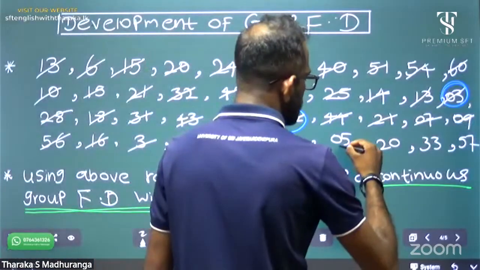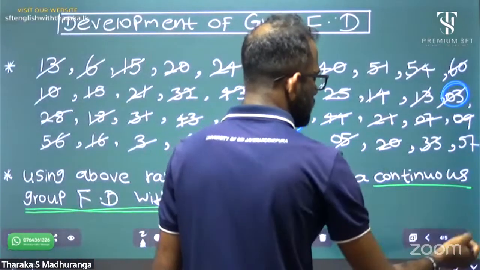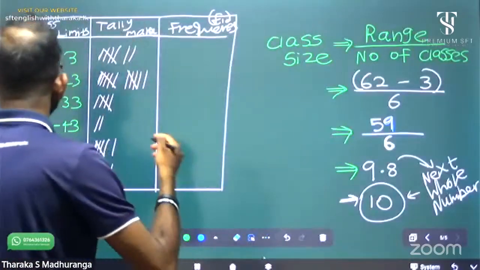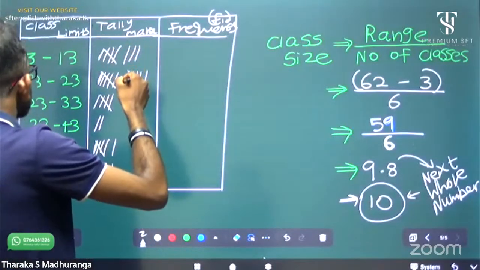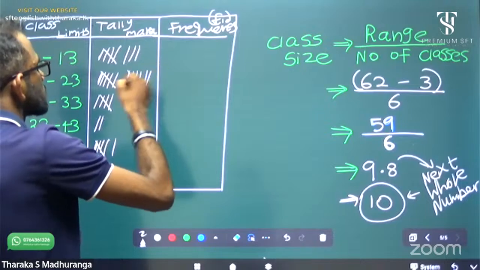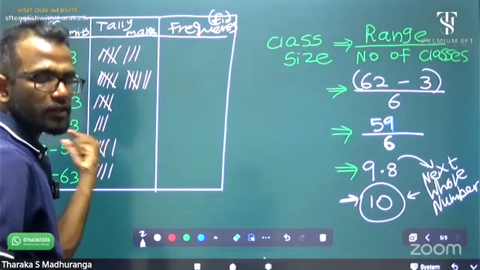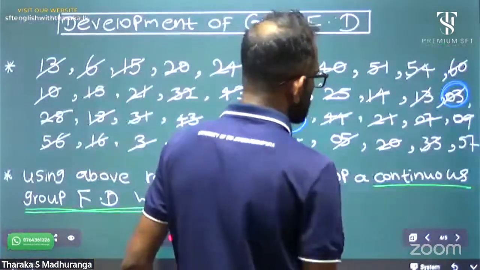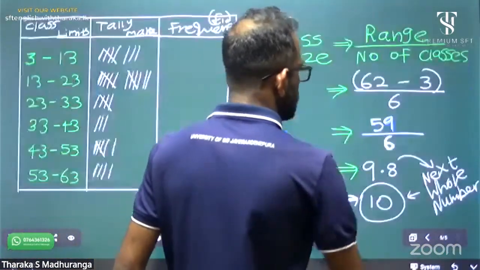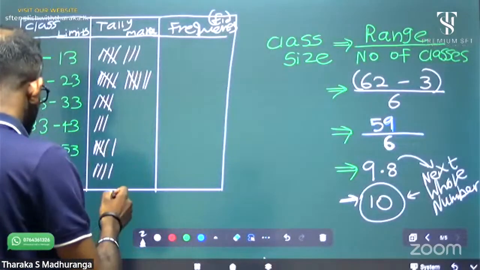Final 4 digit: 5, 20, 33. 33 into the second one. There are two 33s, so the lower one is the one that should go. Final value 57, into the final one.